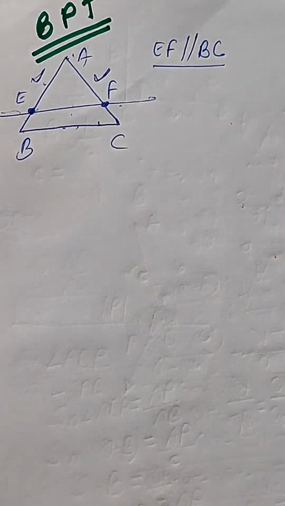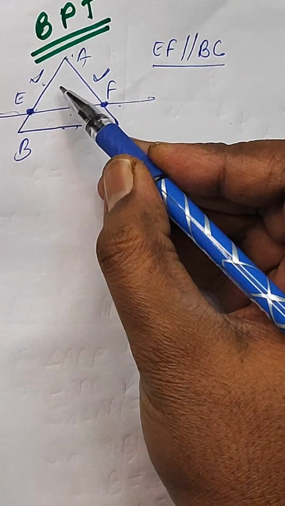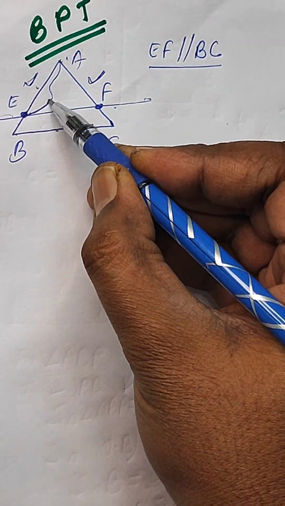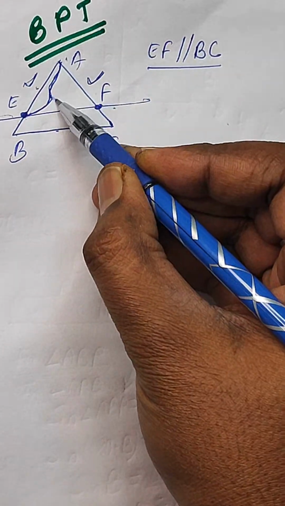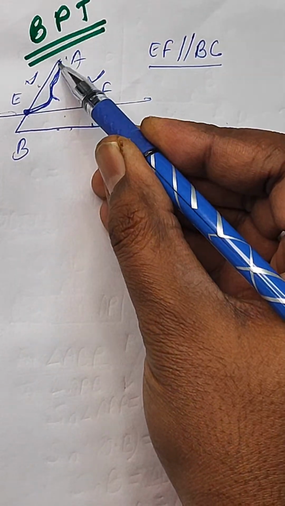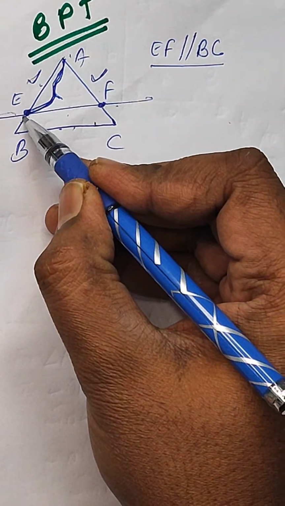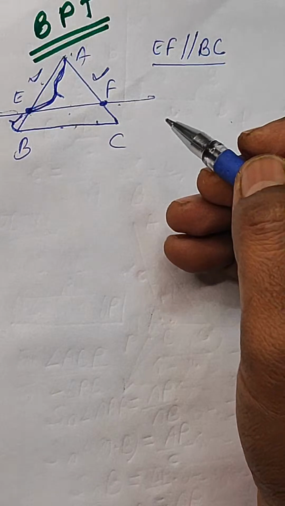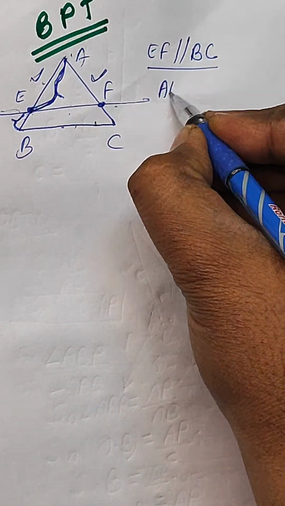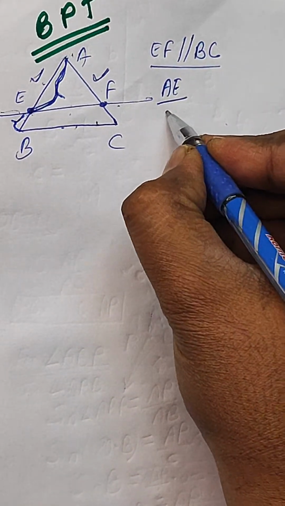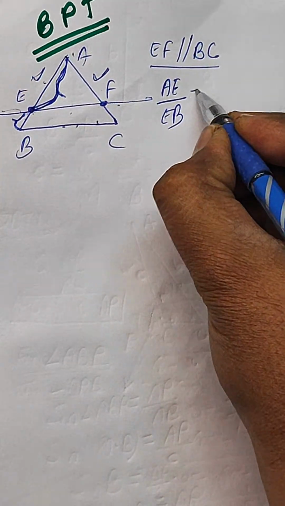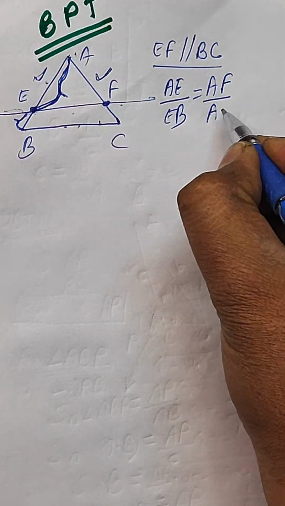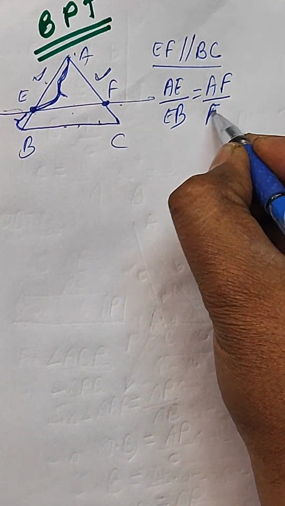If EF is parallel to BC, then the ratio of AE to EB will be equal to AF by FC.